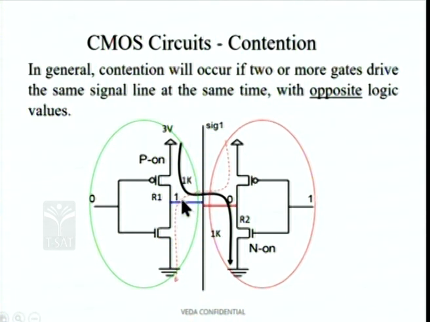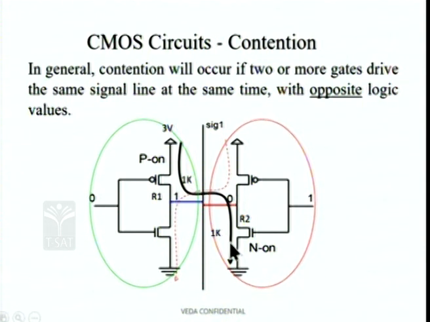Now, if both of them have equal drive strength, then in this particular case, because it's driving a logic 1, this P device is on, and because this is driving a logic 0, this N device is on. Because these devices are on, they have a relatively low resistance here and a low resistance here. When that happens, during contention, there is a current that flows through this down to ground.